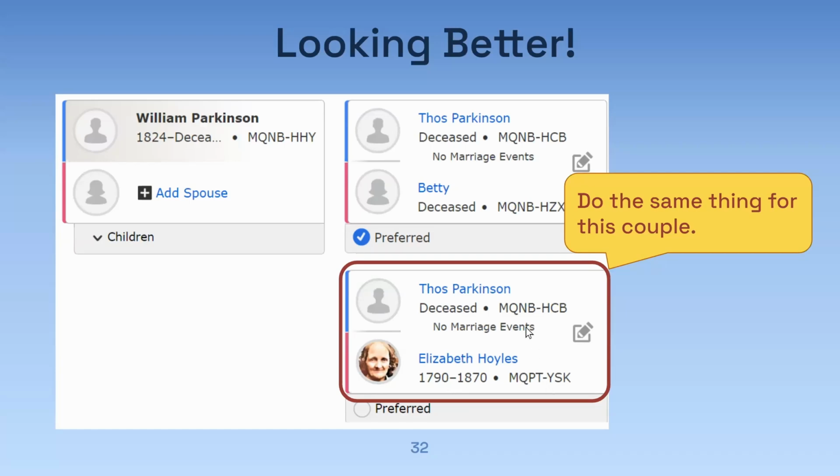And then we want to do the same thing for the one with the right dad and the wrong mom. And on that one, interestingly enough, to the best of my memory, if we were to just disconnect the wrong mother here, it would remove her, but it would leave William under this couple and it would leave him under this guy, but these guys are the same.